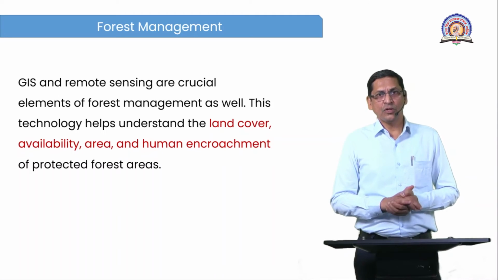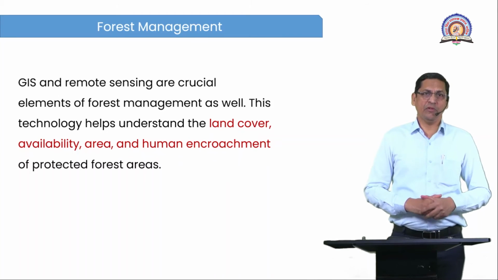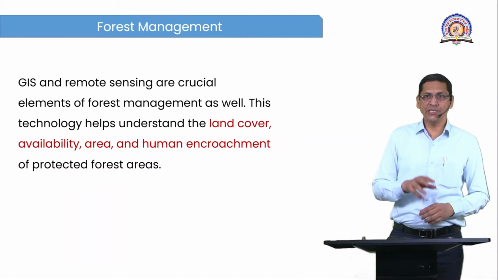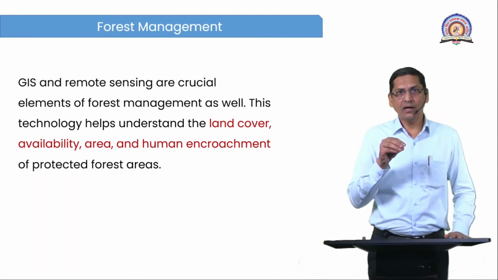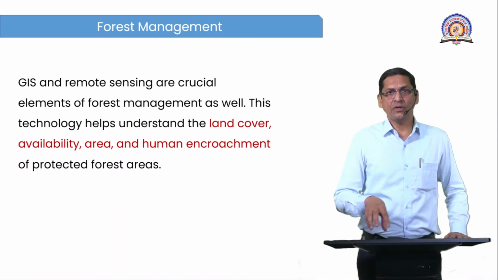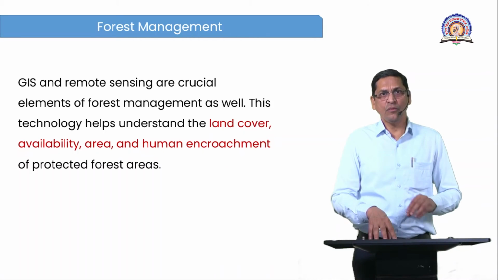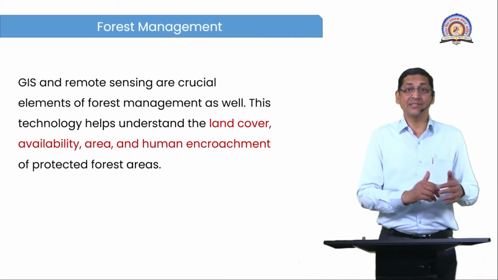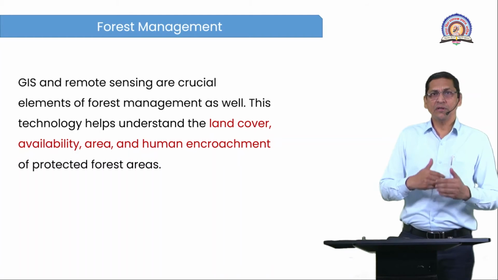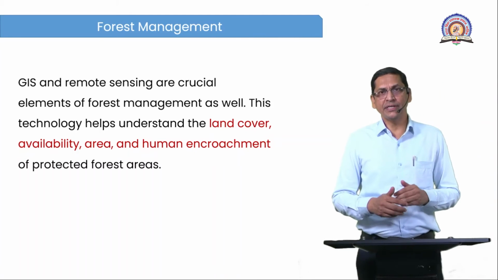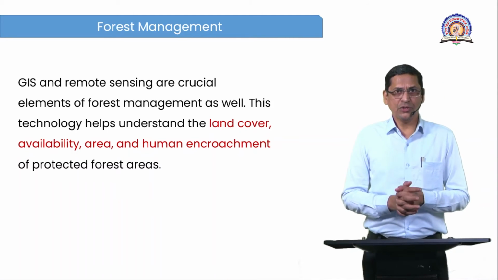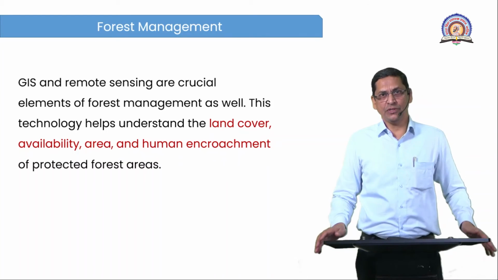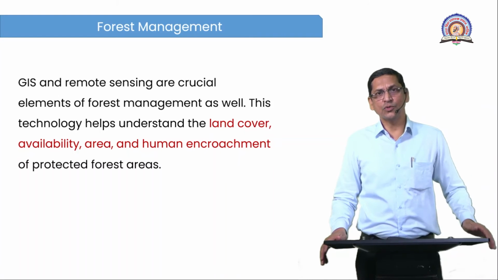And therefore, for the sustainable development of the forest, we can use GIS techniques because GIS gives us up to date maps of the forest, and therefore we can locate in which region the forest resources are becoming less and what efforts we have to take to increase the forest resources. So GIS guides us for the betterment of the forest resources. So that is a very important use of GIS.